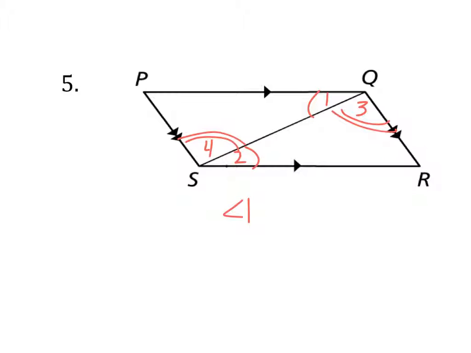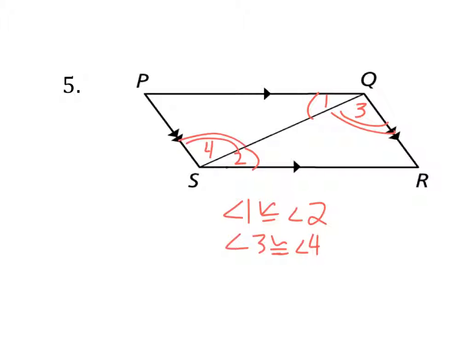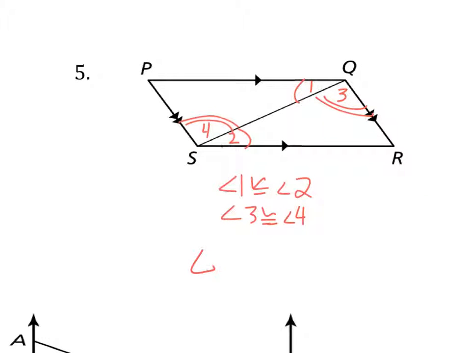We can say angle 1 is congruent to angle 2, angle 3 is congruent to angle 4. Therefore, the triangles are similar. Triangle PQS is similar to triangle RSQ. Your order matters.